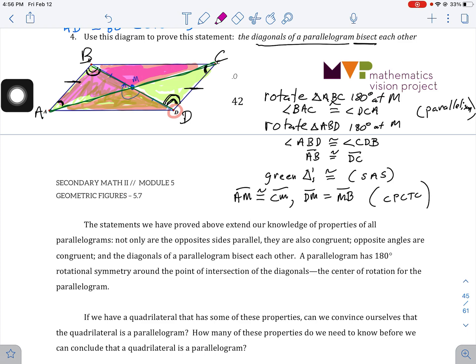And again, I'm going to rotate it at point M. All right.